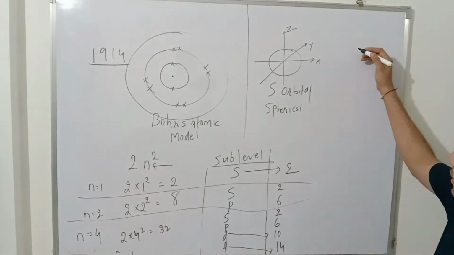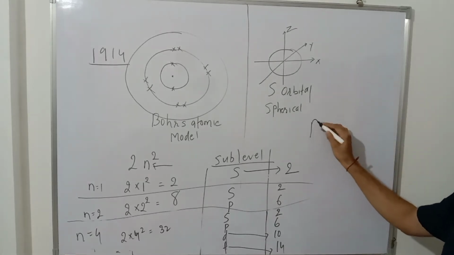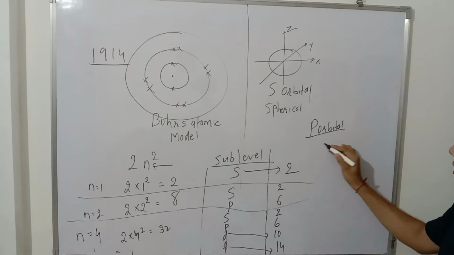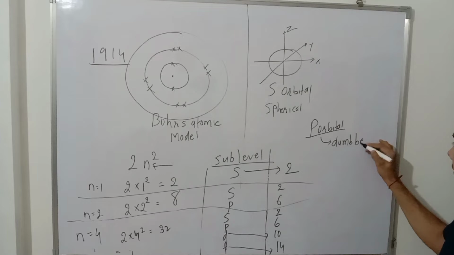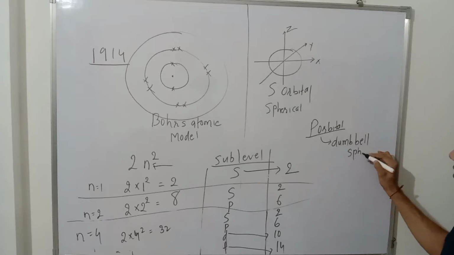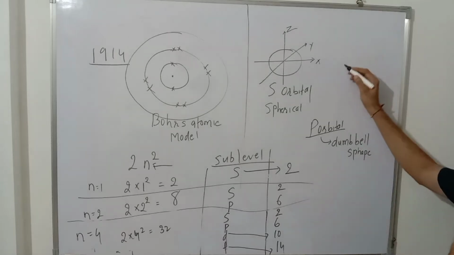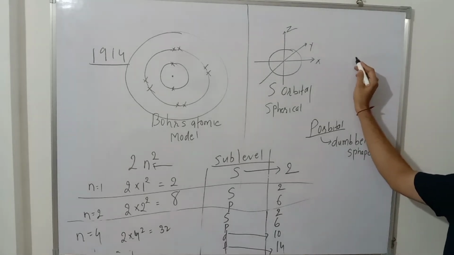Now if we are talking about the P orbital, then the P orbital has a dumbbell shape. Let me write down here P orbital. So its geometry is like a dumbbell shape. How is it a dumbbell shape?